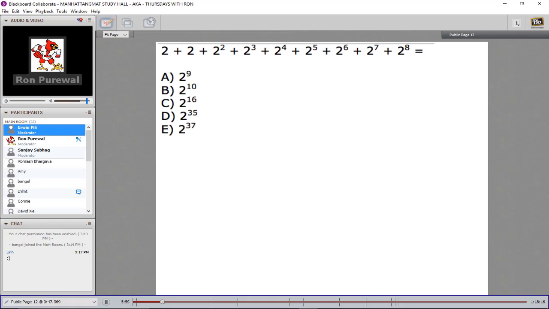Because you could do it. You could totally do this problem if you were 10 or 11 years old. You could just work out the number.